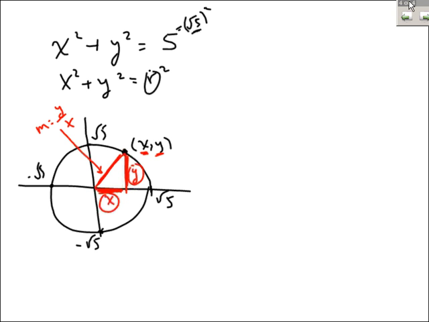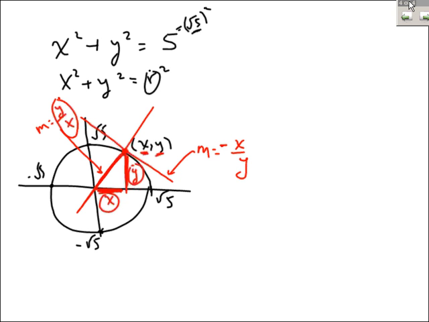Okay, but we want the slope of the tangent line at any point. Well, here's the tangent line. Notice that this line and the tangent line are perpendicular. Remember from elementary algebra, the slope of this line must be, flip this over, x over y, with the minus in front. That's the derivative.